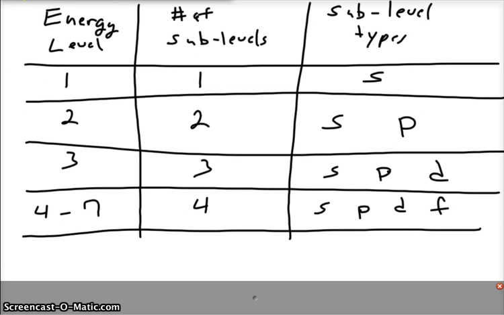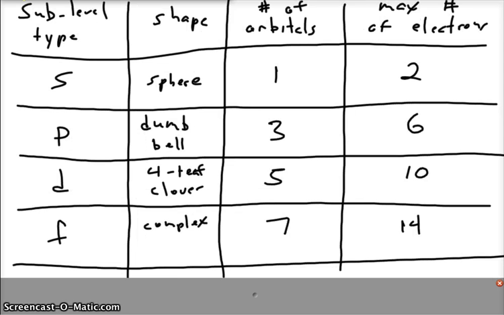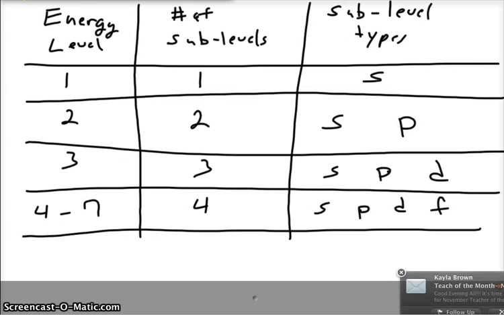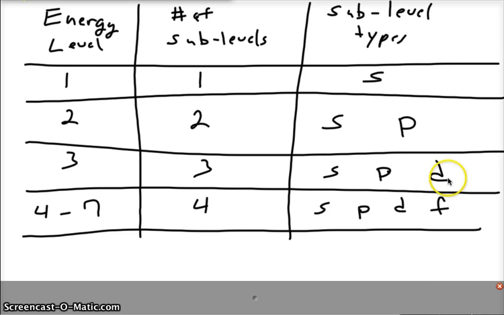Or I could say, hey, how many electrons are in the third energy level? Well, the third energy level has S, P, and D orbitals. I'm sorry, S, P, and D sublevels.